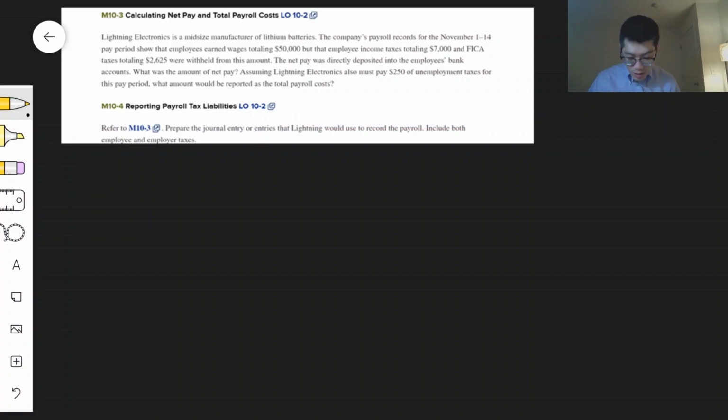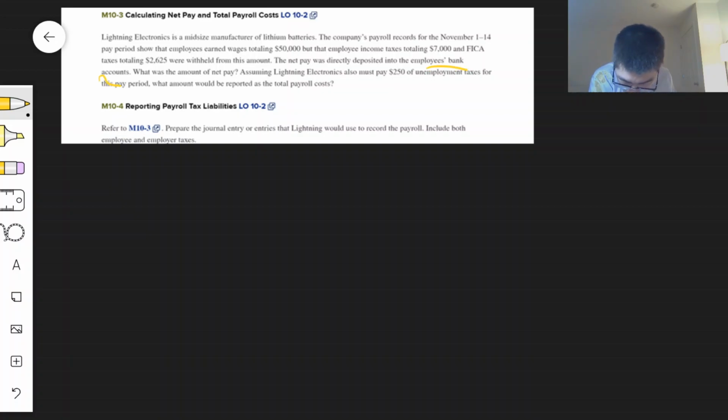The company is a mid-sized manufacturer of batteries, and the company's payroll record for the November 1st to 14th pay period shows that employees earned wages totaling $50,000, with employee income tax totaling $7,000 and FICA tax totaling $2,625 withheld from the amount, and net pay was directly deposited into the employees' bank accounts.